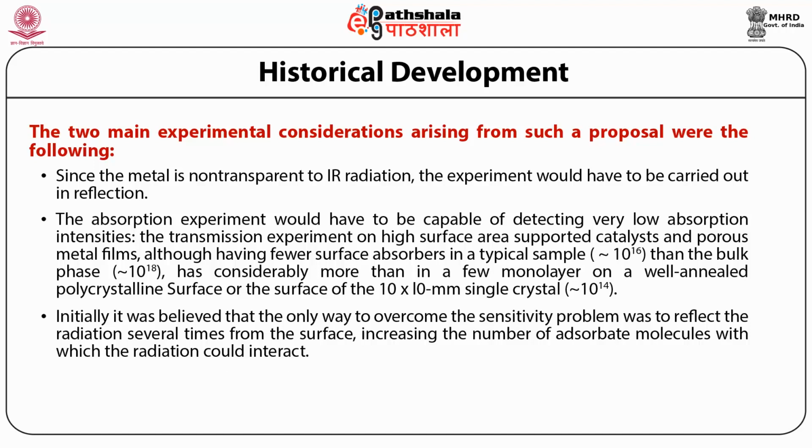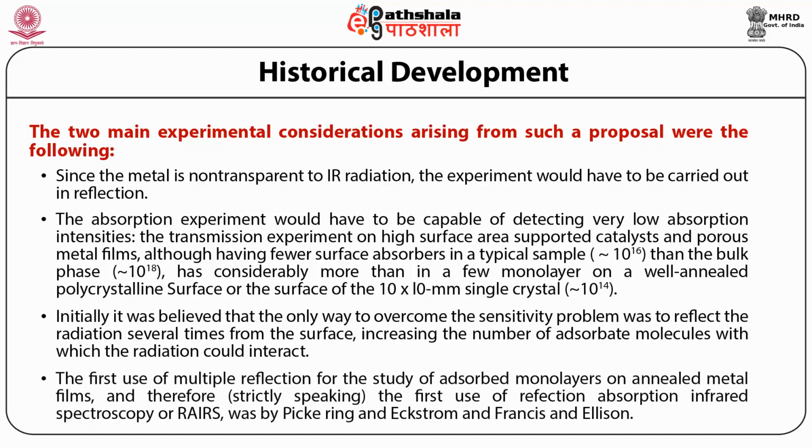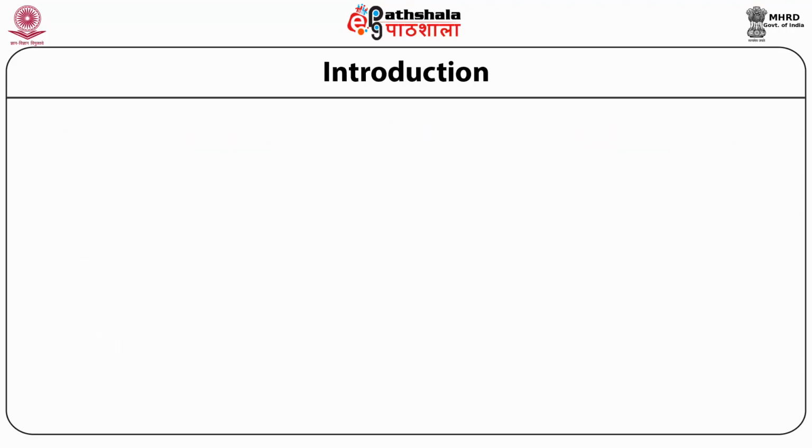Thus, the first use of multiple reflection for the study of adsorbed monolayers on annealed metal films, and therefore, strictly speaking, the first use of reflection absorption infrared spectroscopy or RAIRS was by Pickering and Eckstrom and Francis and Ellison. We would talk about various other kinds of such spectroscopies.